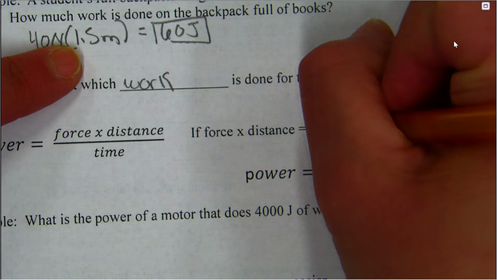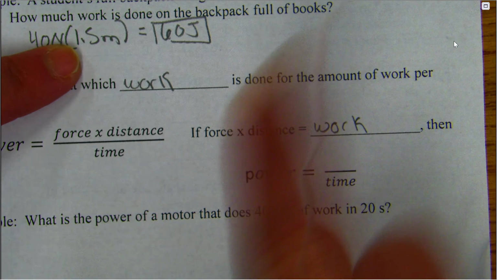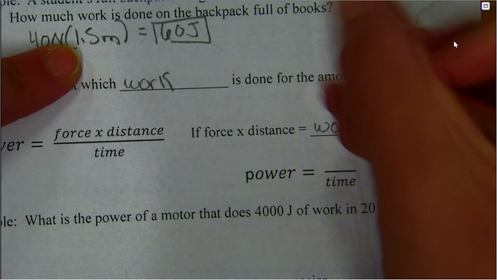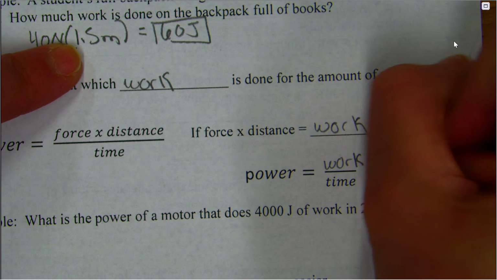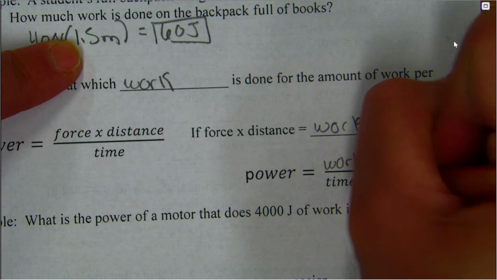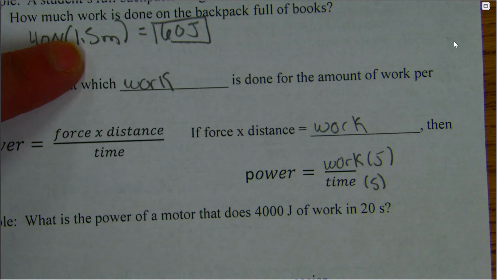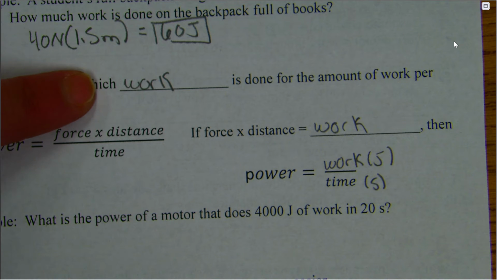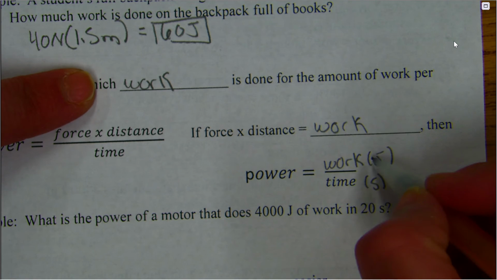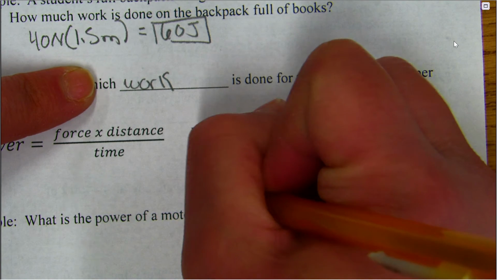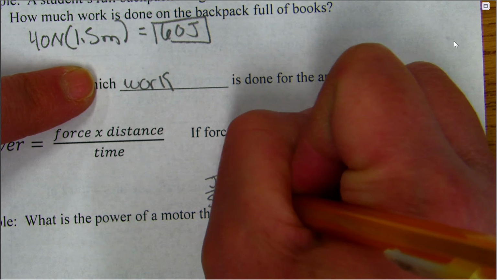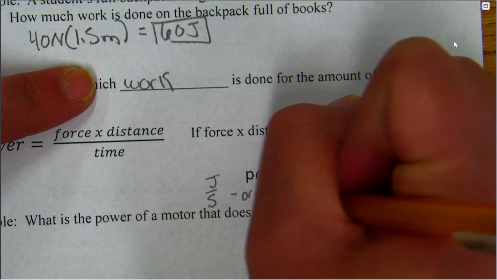Force times distance we know is work. So power is work, which we're going to measure in joules, per time, which is in seconds. Now, power is going to have the units joules divided by seconds, which we also call a watt.